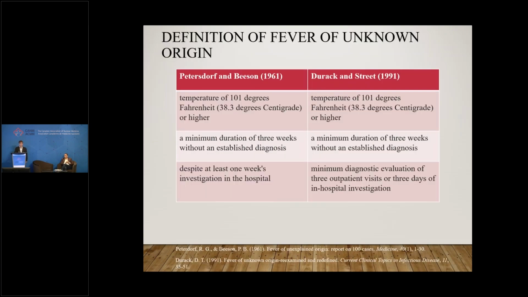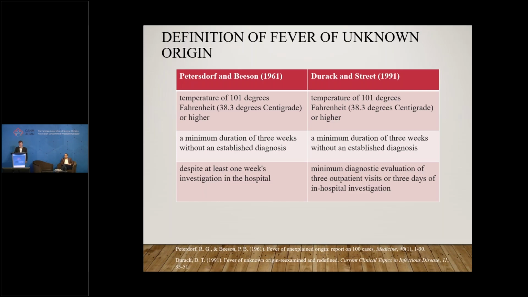Now, fever of unknown origin. This is not an uncommon presentation in our department. It's defined as a temperature of 38.3 degrees Celsius or higher for a minimum duration of 3 weeks without any established diagnosis, or with 1 week of investigation in the hospital. And that was the definition that was used 61 years ago.